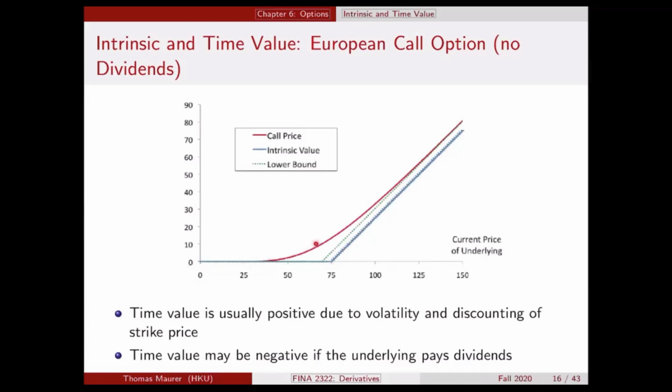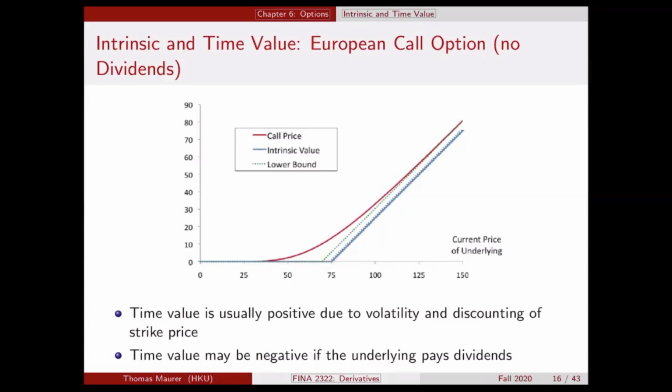Now the red line determines the total value of an option, and therefore the difference between the red line and the blue line gives you the time value of that call option. You notice that the time value of the call option is the largest if you are somewhere close to the strike price. And the reason is that if you're very close to the strike price, then the cherry-picking right is the largest, because the price may very well decrease below 75 or increase above 75.